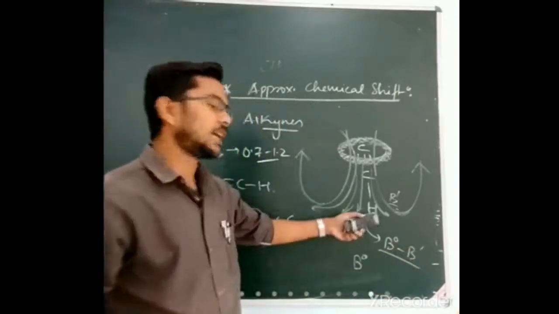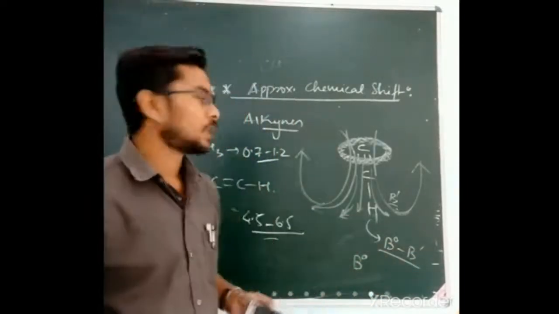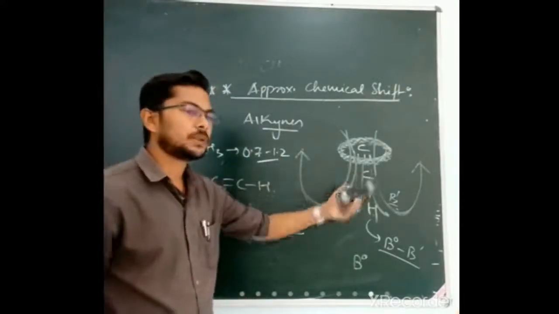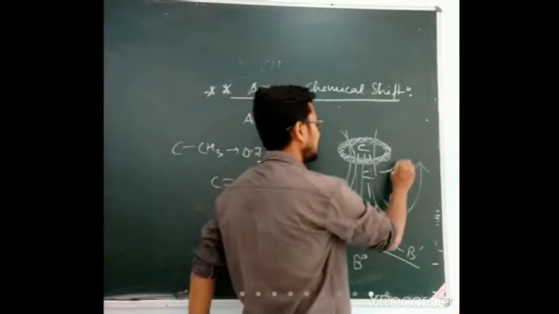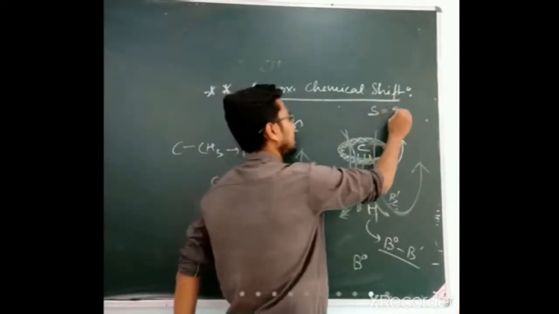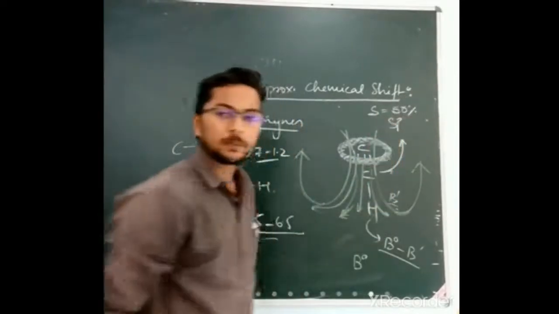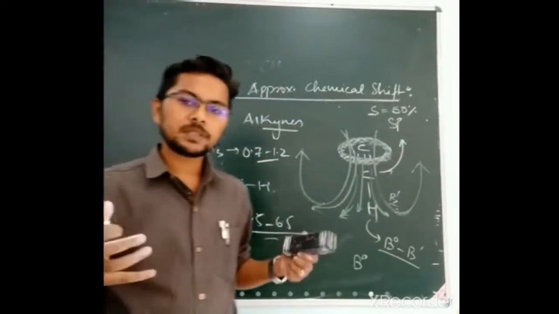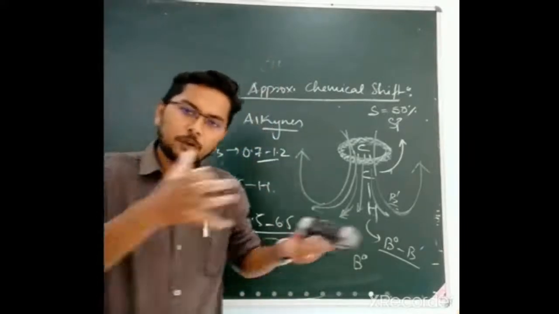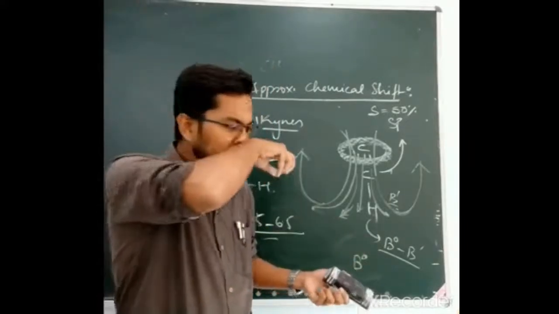That means now this hydrogen gets shielded, although because of the electronegativity of the carbon atom, that means here, how much is the s character? It is sp hybridized, so the s character is 50%. Because of this 50% s character, it is more electronegative and pulling the electron, so it should go downfield in the spectrum.